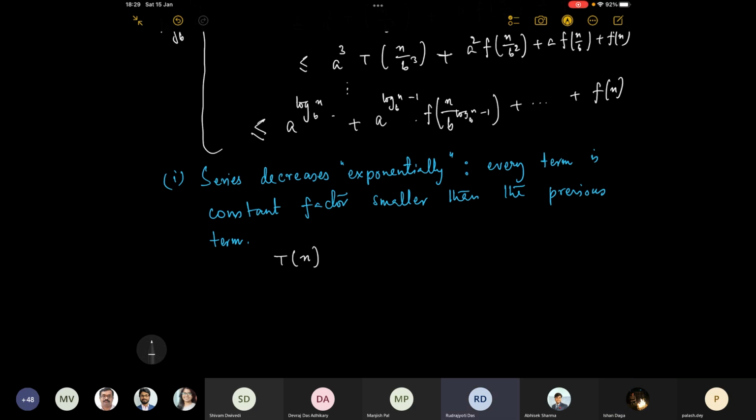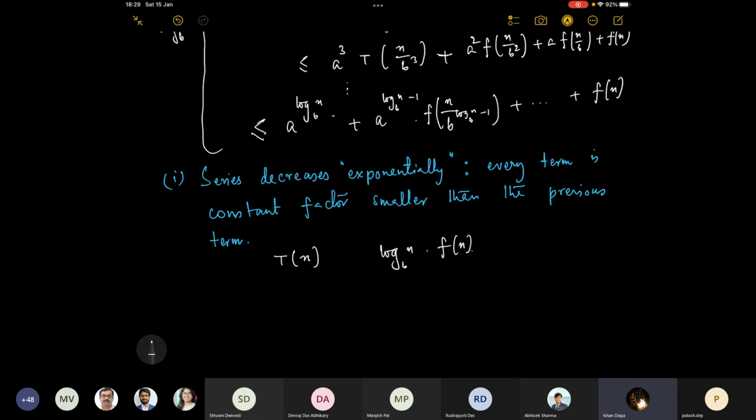So log n base b times f of n, it will be lesser than that. You are saying log n base b times f of n. Yes, actually, I'm not sure about the times f of n. Wait, I have to think. Okay. Anyone else?